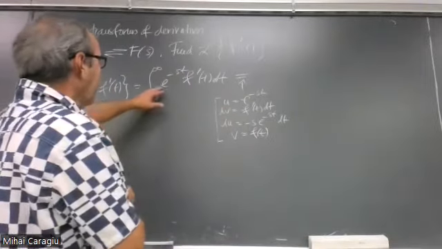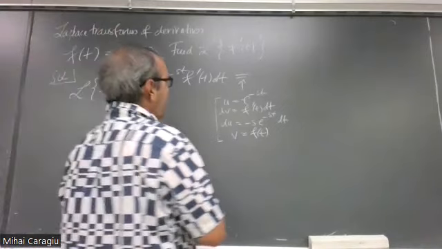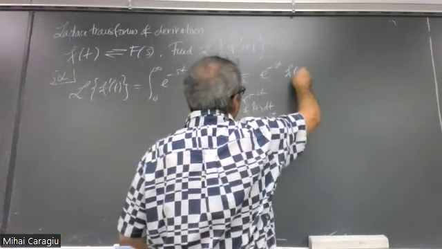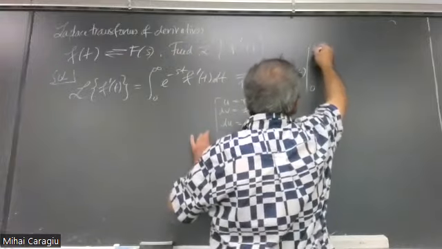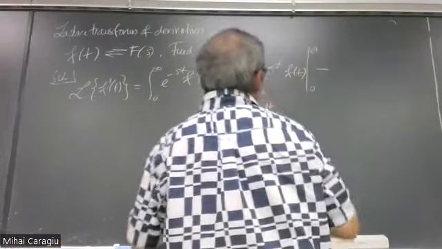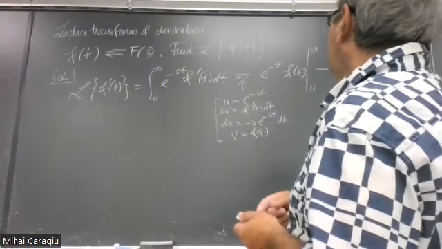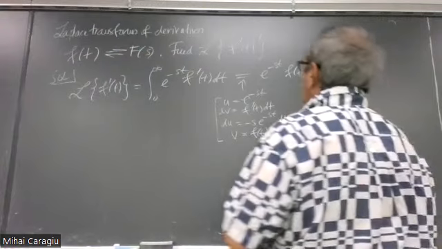So what is integration by parts saying? It is uv from a to b, from 0 to infinity. So uv means e to the minus st f of t, evaluated from 0 to infinity, the limit at infinity minus the value at 0, minus the integral from 0 to infinity of v du.